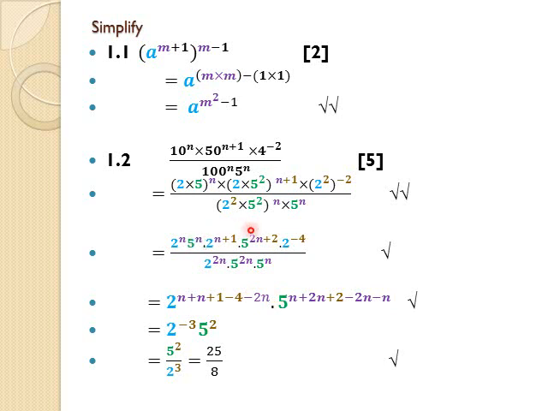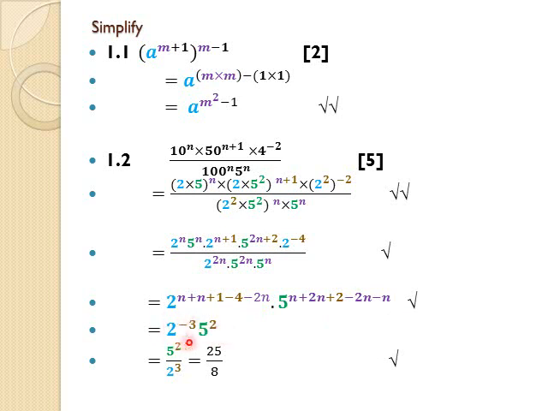On top I have n plus 2n plus 2. If I come below the division line and we change the signs, that becomes minus 2n minus n. So n plus n, 2n minus 2n cancel. 1 minus 4 gives me negative 3. The n plus 2n gives me 3n, minus 2n gives me 1n, minus n cancel. I'm left with 5 to the power 2.